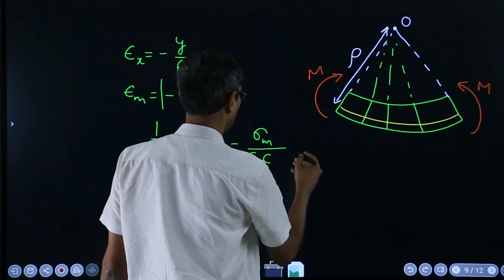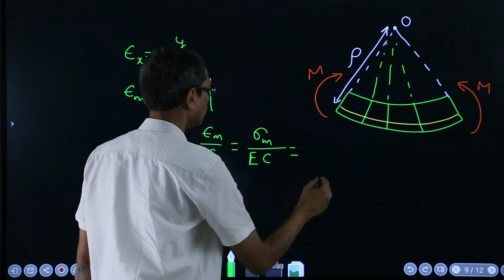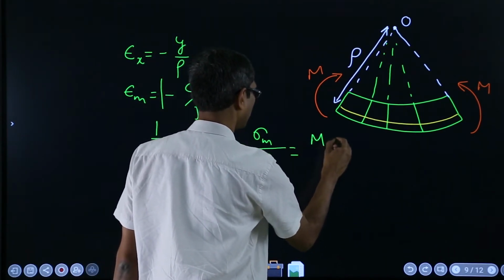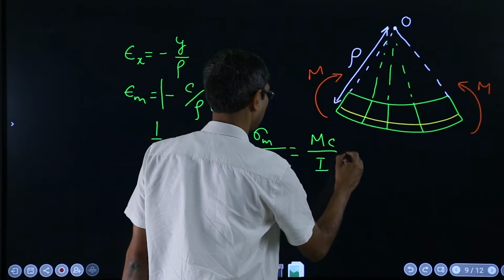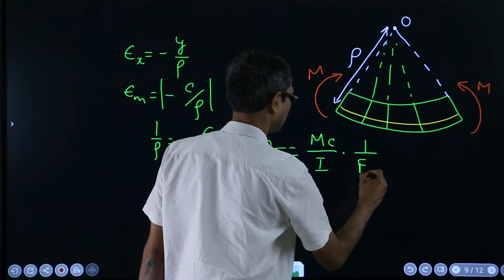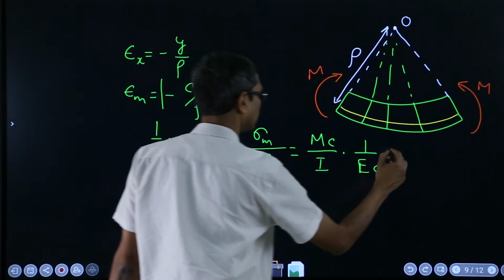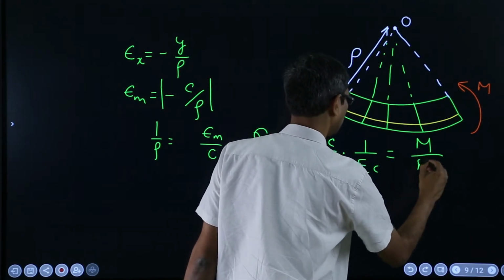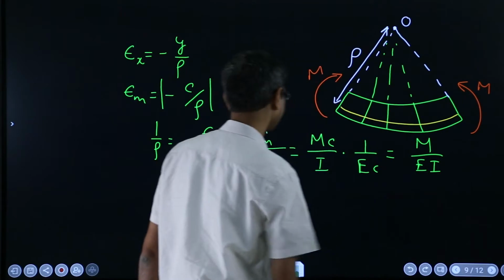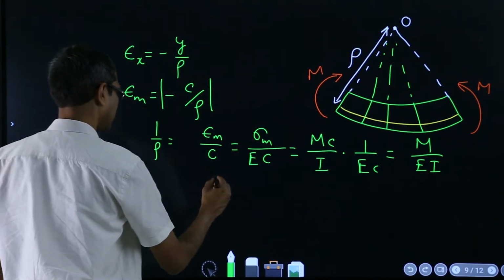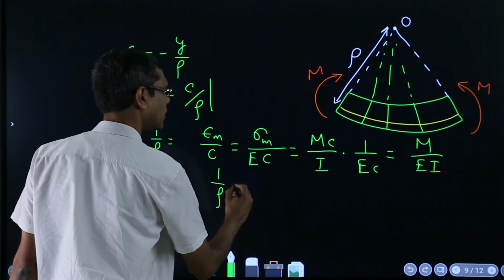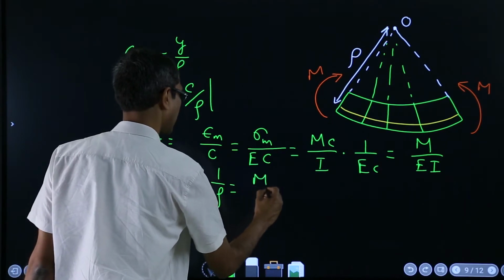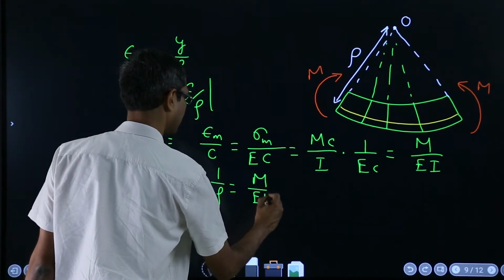In place of sigma m, we will replace M c over I. So M c over I times 1 over E c. That gives you M over E I. So I'll just write the summary here: 1 over rho is equal to M over E I.